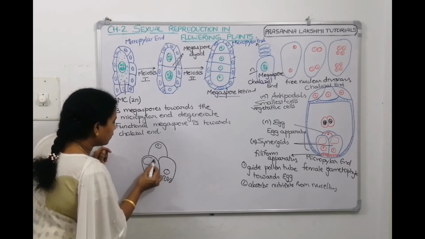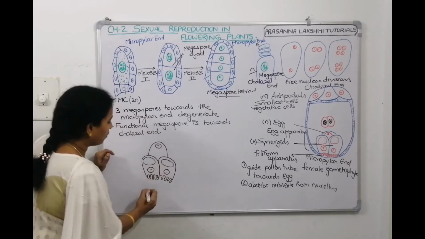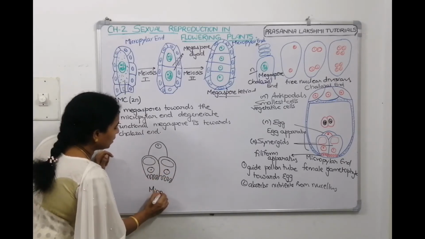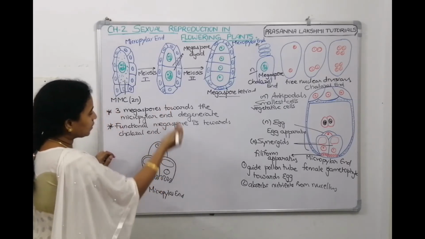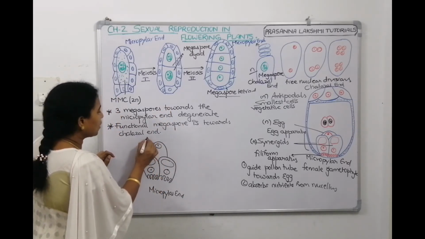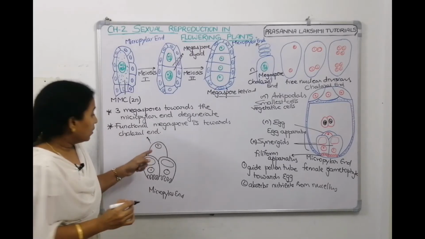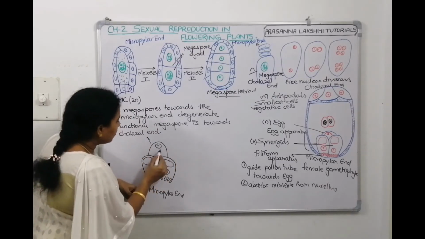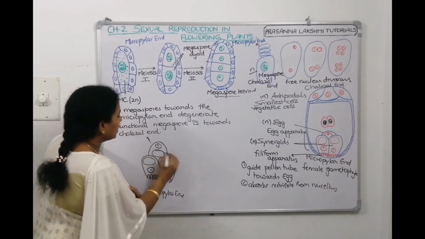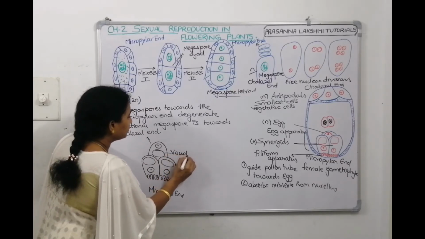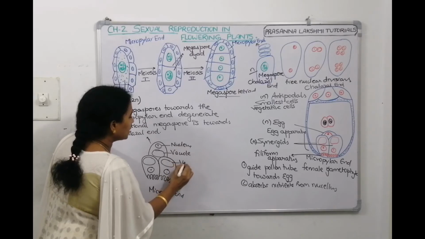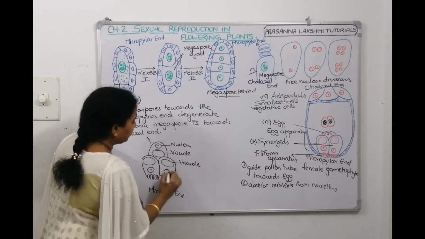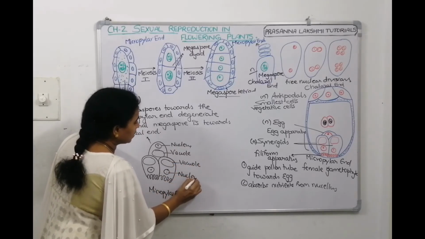And here we show the vacuole. What is this end called? This end is called the micropylar end, and the opposite end is called the chalazal end. Now, we are not able to see it here, but the vacuole will be here. This is the vacuole and this is the nucleus. Similarly, this is the vacuole of the synergid and this is the nucleus of the synergid.